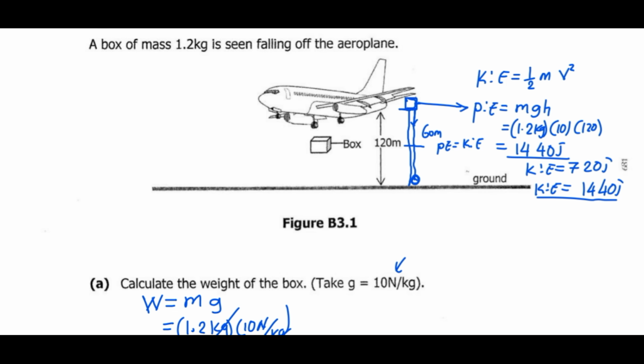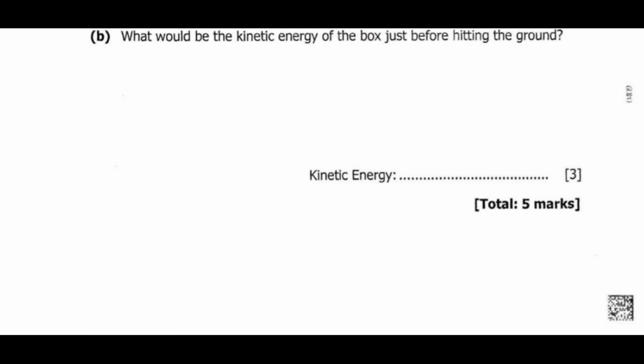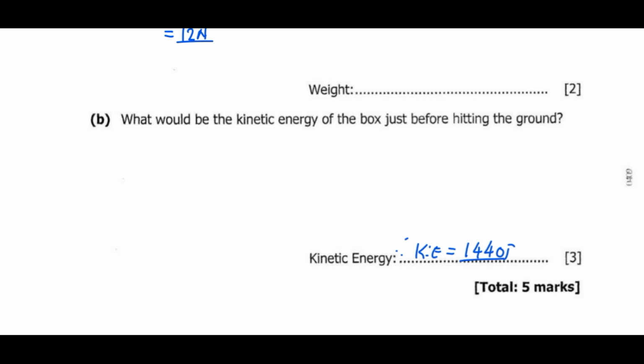Then after you find the potential energy, you just have to say therefore kinetic energy is equal to 1,440 joules. So that would be the kinetic just before hitting the ground.